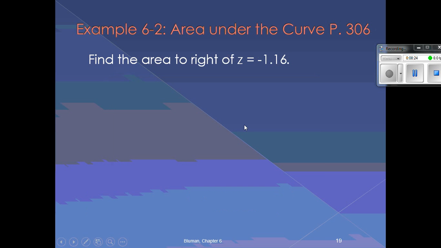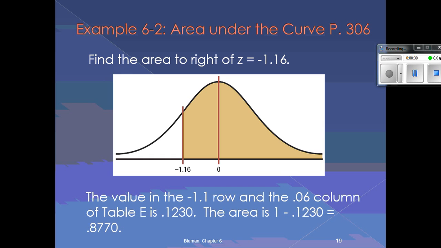What if we were looking to the right of z equals negative 1.16? We go to our chart, look for negative 1.1, go to the right and look for the 0.06, and that turns out to be 0.1230.